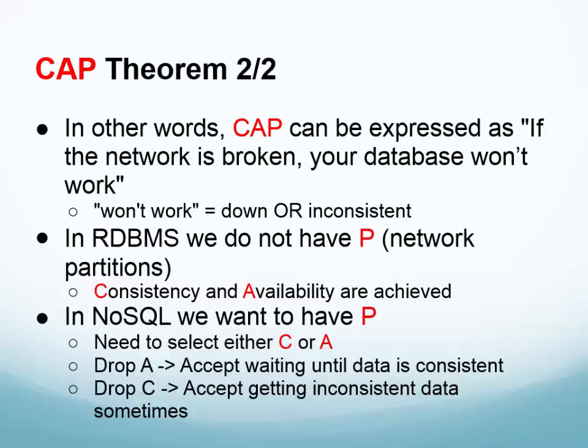In NoSQL, we want to have partitioning. We need to select either A or C: consistency or availability. We can use either one of them. Either our data can be consistent over all of our nodes, or our data can be available. Now this is very different. If we are going to achieve consistency, we'll be running back into the same problem.